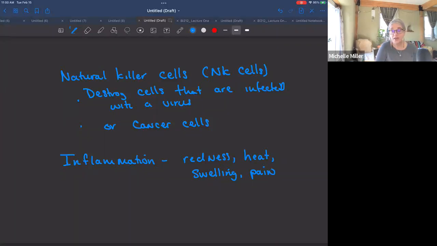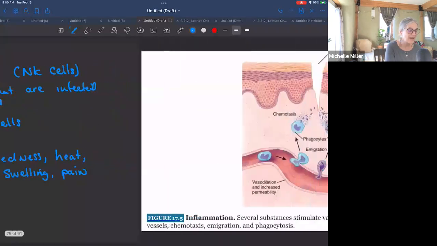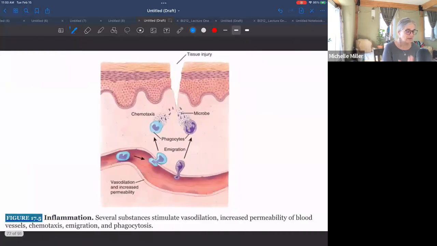And so if we look at what happens when we are injured, like the surface of the skin becomes injured, we can talk about these stages of inflammation. So what happens when your body is damaged is that the damaged cells release a chemical that signals pain. And it is ultimately going to cause more blood to flow to that area of injury.